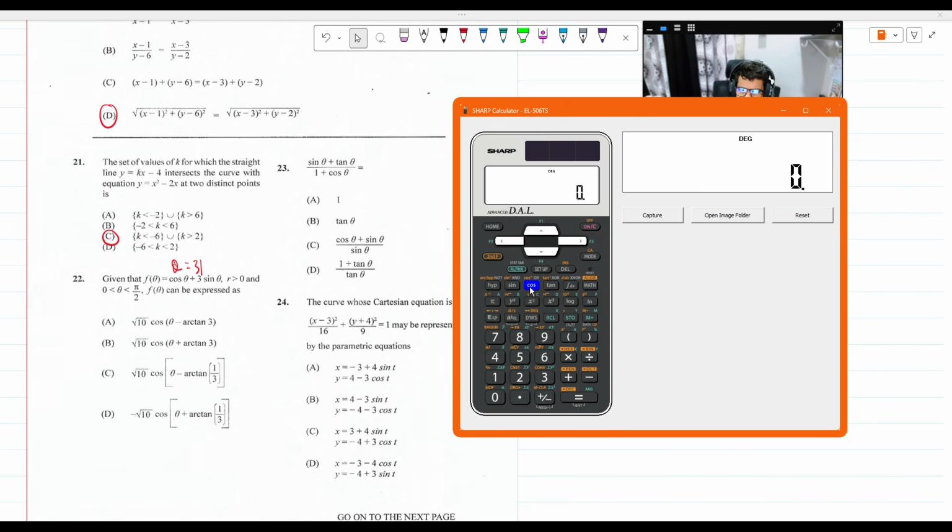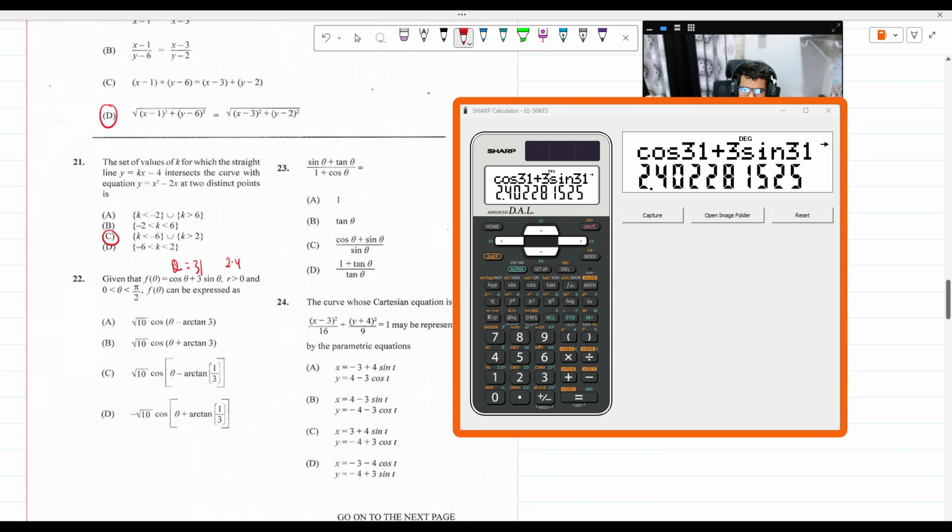Cosine 31 plus 3 sine 31, 2.40228. What is cosine? I see arctan 3 and arctan a third.